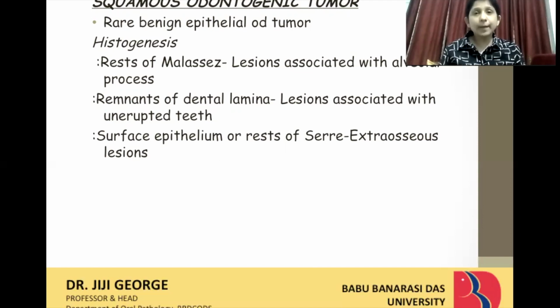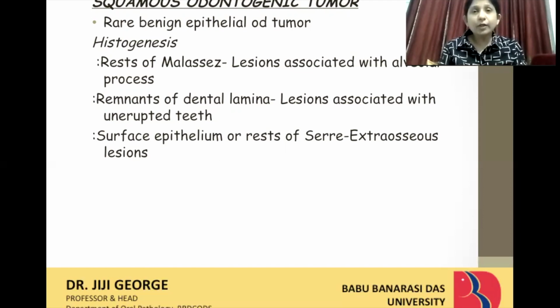So, the ectodermal part of the tooth germ will give rise to odontogenic epithelial tumors. All the four tumors which I just discussed in the classification would be originating from the enamel organ. For that, we need to remember the histology of the enamel organ.